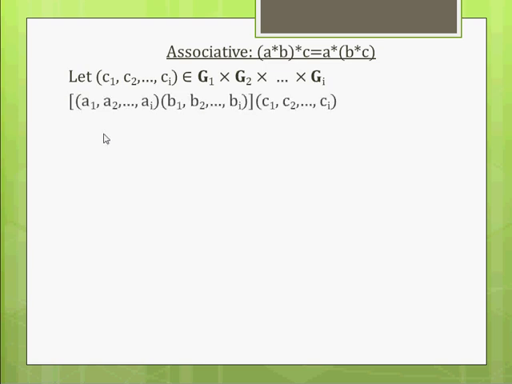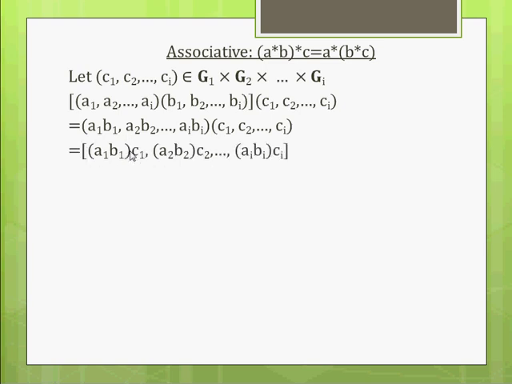And when we start with the left-hand side here, we should get the right-hand side. So we start with the left-hand side. We can compute this product here by multiplying each component. And now we can multiply each component here. Remember, we've got to keep the order straight. A1, B1 times C1.